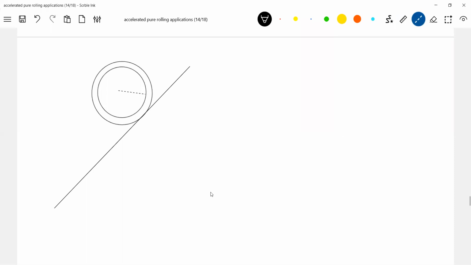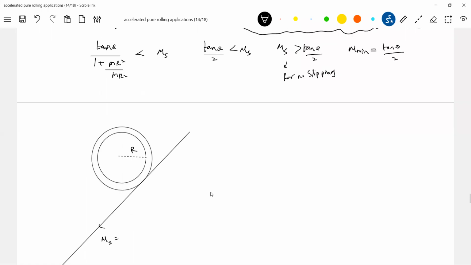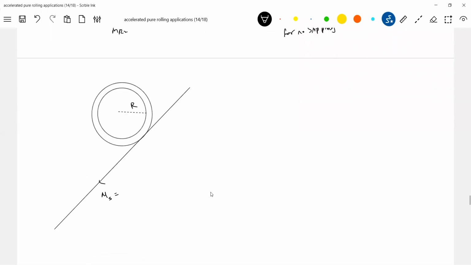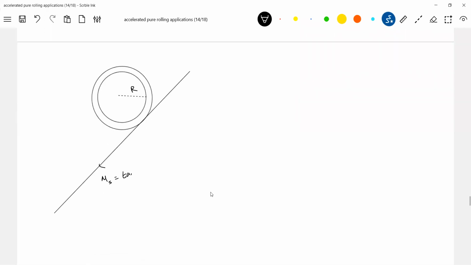This is a radius r. Now I'm going to write the value of mu s. What is the minimum needed? Tan theta by 2. If I write mu s as tan theta by 4, tell me what is the problem? It's a ring. How much minimum is needed? Tan theta by 2. But mu s is tan theta by 4. So definitely the friction acting will be kinetic.